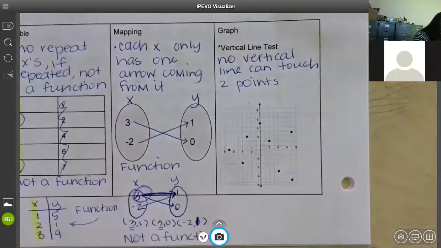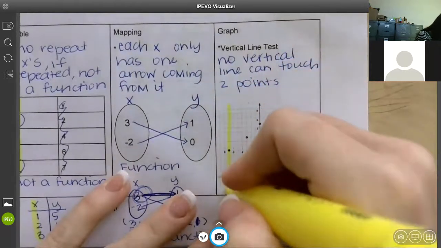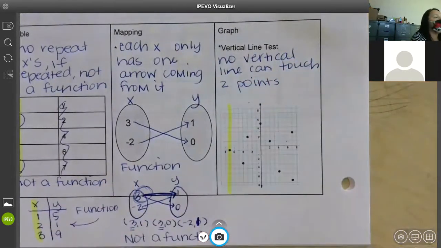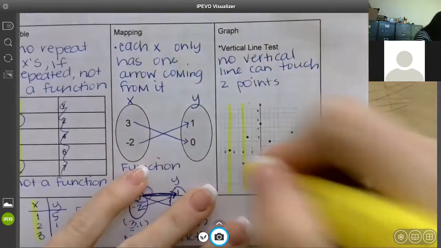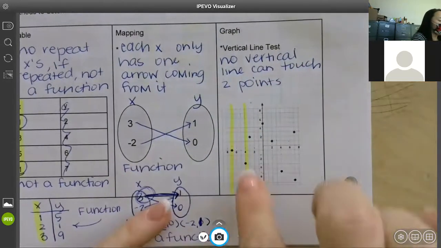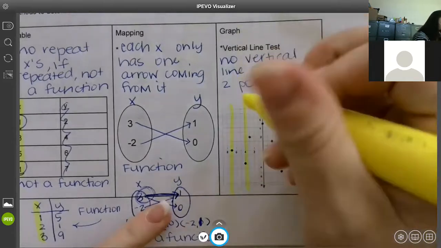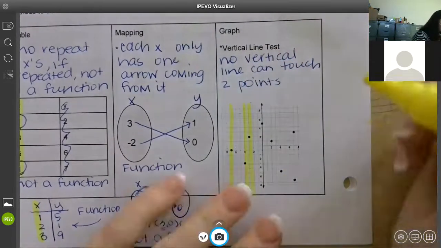So I'm going to use my highlighter. If I make a vertical line right here, how many points did it go through? That's okay. We're good with that, okay? If I make a vertical line here, how many points did it go through? Just that one, right? That's okay. This one's on a different line. If I make it over here, it's still going through one.